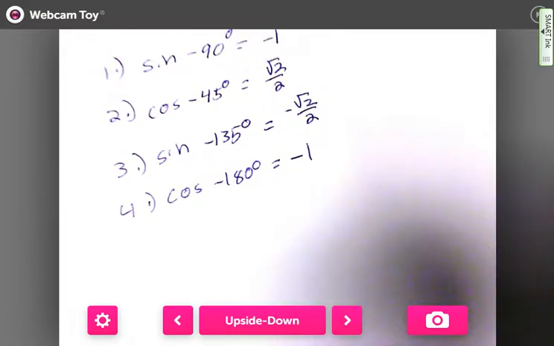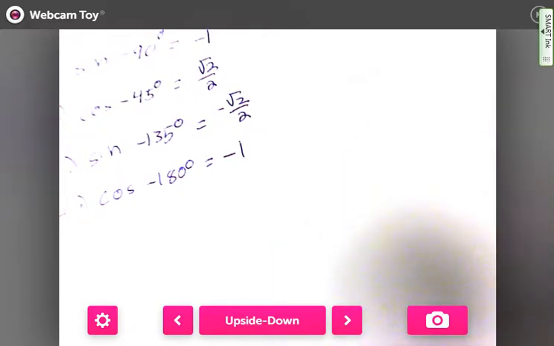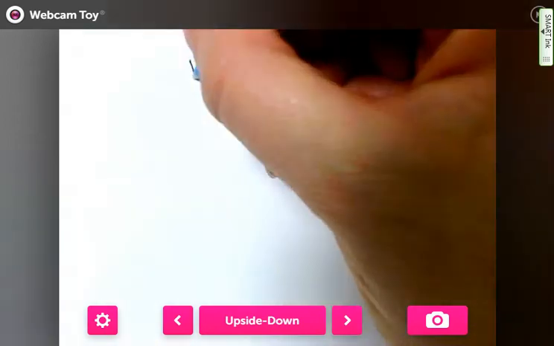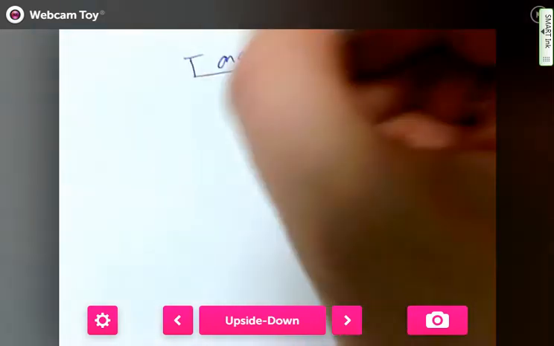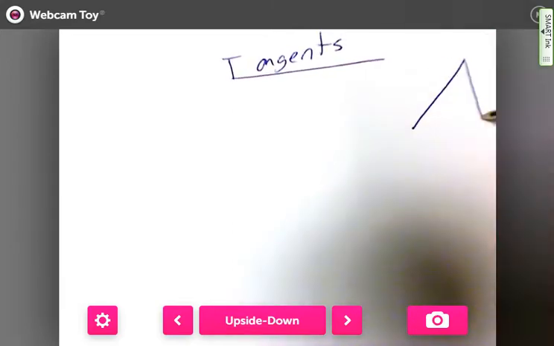All right. Now we're going to talk about tangents. Okay, we've talked about cosine and sine. Now let's look at tangents. Hence I wrote the word tangent. Okay, so I'm going to use the 30, 60, 90 as an example again.